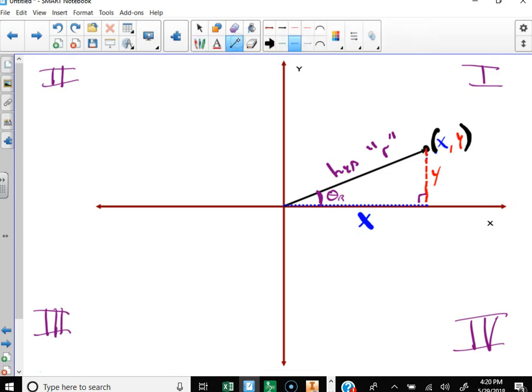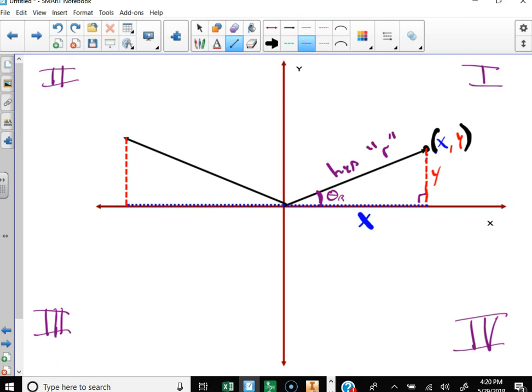But if you had one that looked like, let's go over here, what about this one? Well, your Y would be positive above the X-axis there, but your X would be negative.